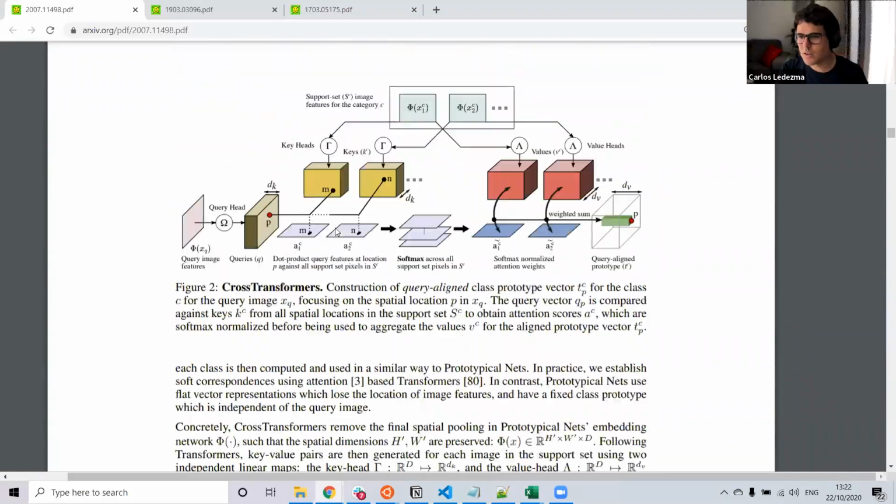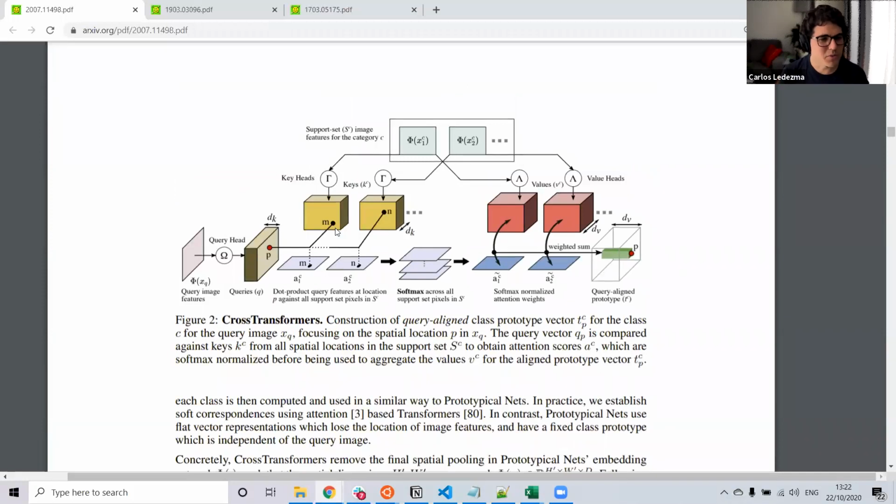I have a comment about the paper, which is that I think the one thing that they missed was doing a bit of an ablation study on the architectures that they are combining here. For example, you have a transformer, which is such a big architecture, and you're comparing it with a prototypical net, which they implement with ResNet 18.